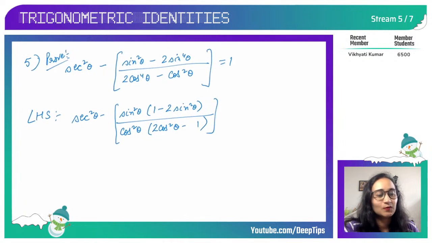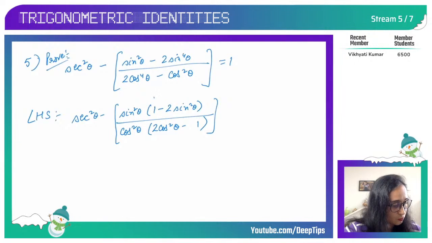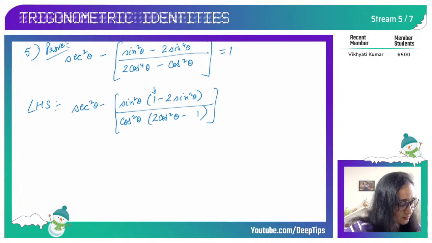Here I can visualize something: 1 is sine square theta plus cos square theta, correct? And if I substitute sine square theta plus cos square theta in place of this 1, I might get something in the numerator and denominator. So let's do it and see how it works.